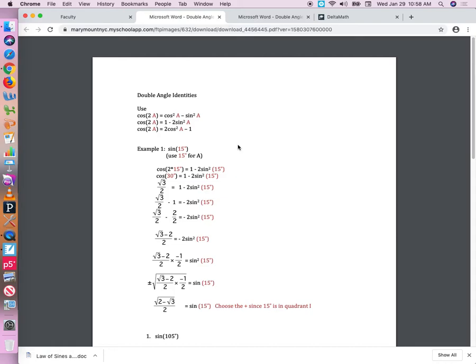I showed you one day that when I memorized the half angle identities, it's really not a whole lot less work than just doing what I'm showing you here. This is real important to emphasize in what you're doing in calculus anyway, and so I like this method.